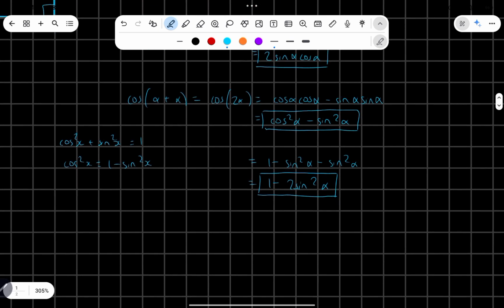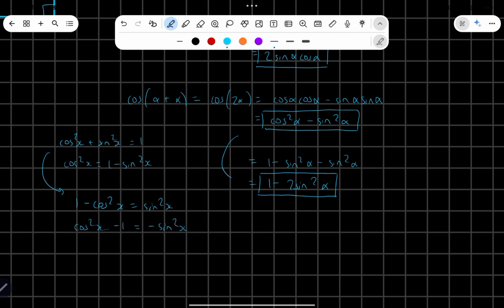And we can also rearrange this slightly differently as 1 minus cos squared x, which is just sine squared x. Okay, so cos squared x minus 1 is equal to minus sine squared x. I just negated both sides.